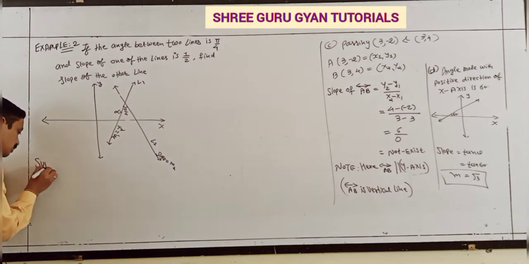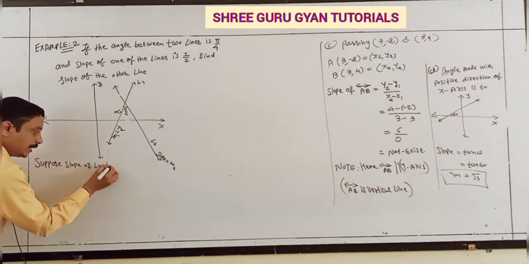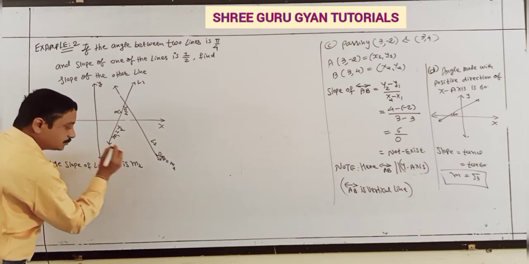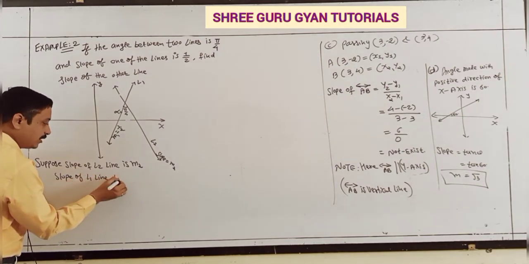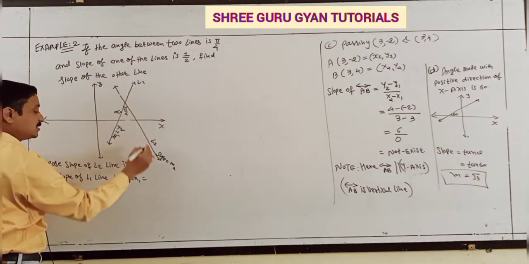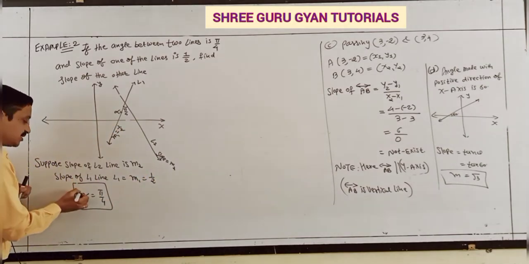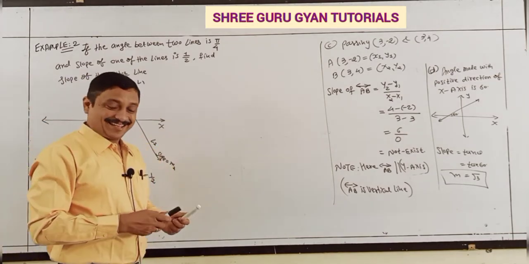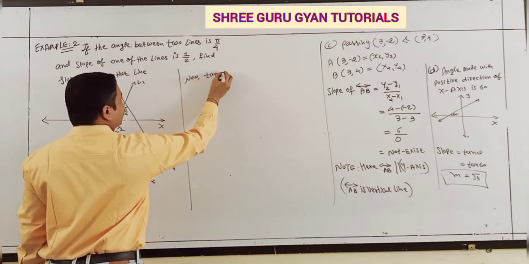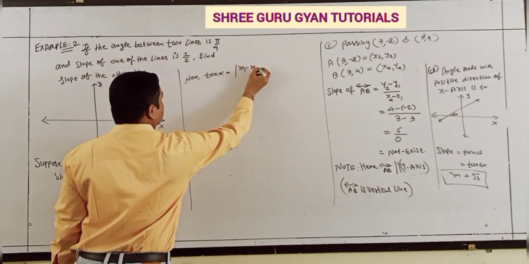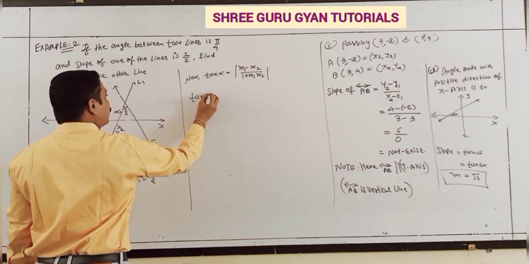So suppose the slope of L2 is m2 and the slope of L1 is m1, which is given as half, and the angle between them is pi by 4. So I use my formula, tan alpha equals m1 minus m2 upon 1 plus m1 m2, with tan pi by 4.